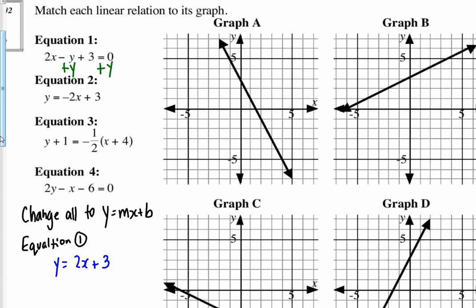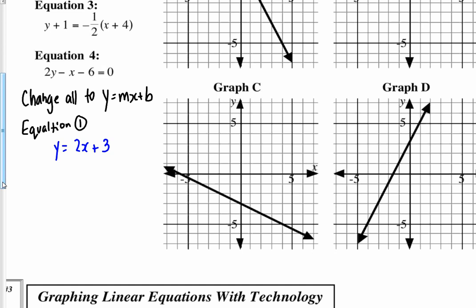Okay, graph B, does it have a slope of +2? What is it? Up 1, right 2. What's the slope here? A half. Okay, so then C, could it be C? No, the y-intercept is not +3. Does this one have a slope of 2? Yes, up 2, right 1. So equation 1 is graph D.